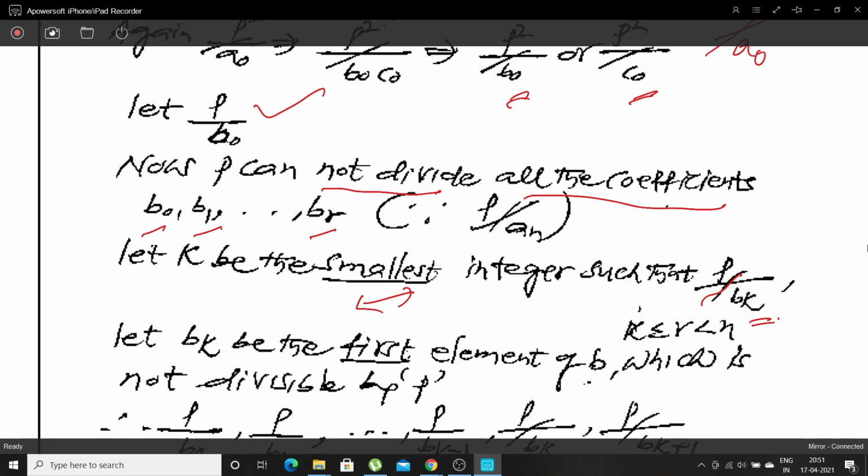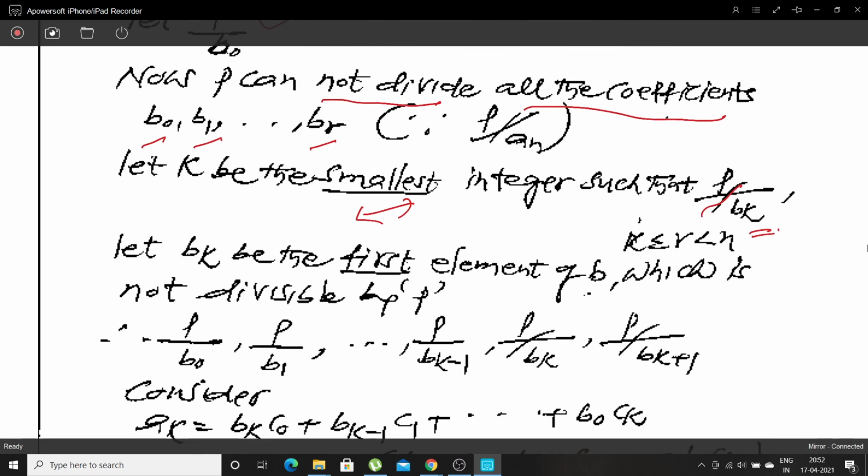Let bk be the first element of b which is not divisible by p. Very interesting. Let me repeat. P will divide all the coefficients of a polynomial except one, that is an. To complete the proof of the theorem, I need a smallest integer. Let k be the smallest integer. I'll impose one condition, that is p does not divide bk.